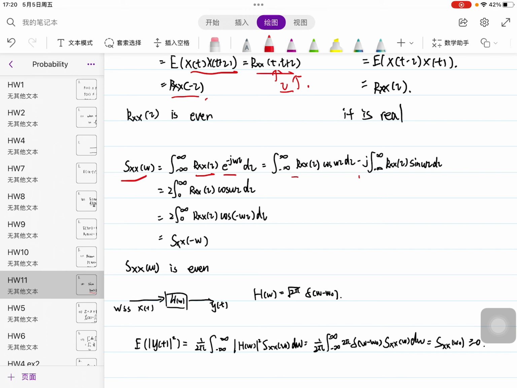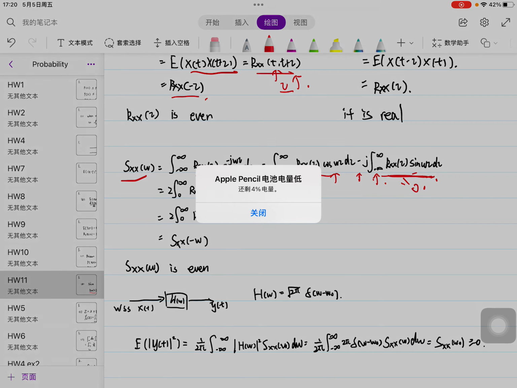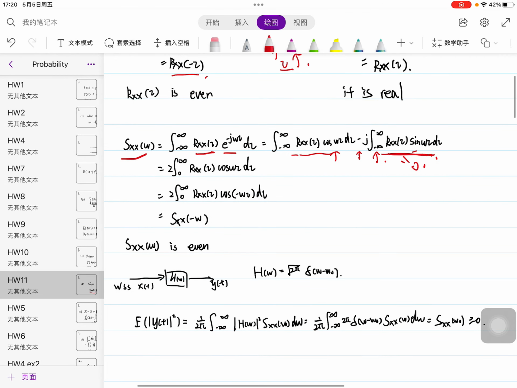And then we could write it as two terms with a minus. The first one is cosine omega tau, and the second one is j times sine omega tau. Since this is an odd function, the integration of this equals 0.